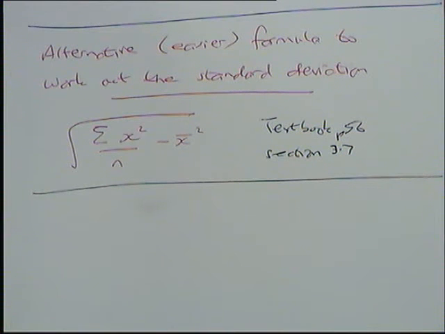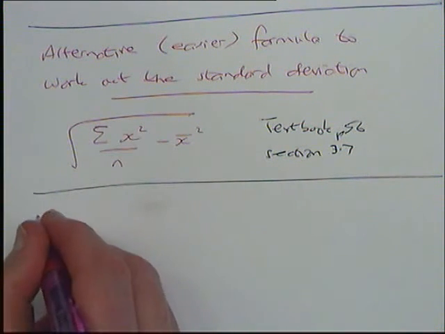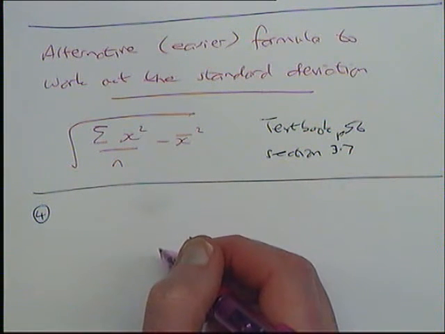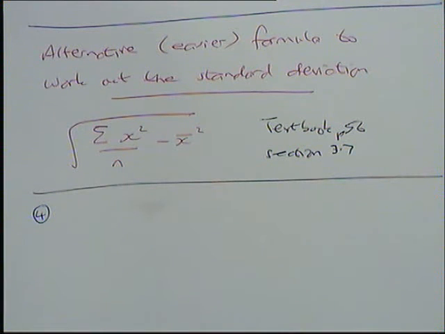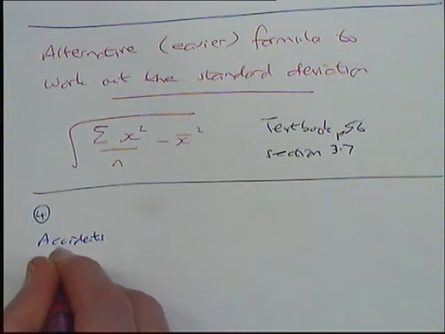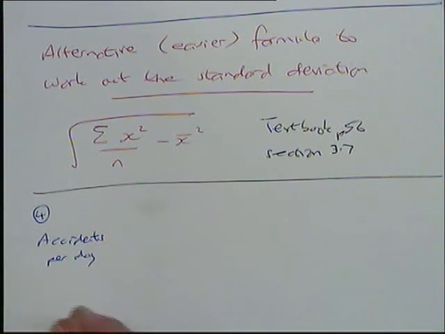So, we're going to have another set of data. We're going to introduce something else to it as well, and we're going to have to adapt our formula a little bit too. So, this is example number 4. I'm going to draw a table out which is going to have a heading over on the left, accidents per day, that's one row. Below that I'm going to have frequency.